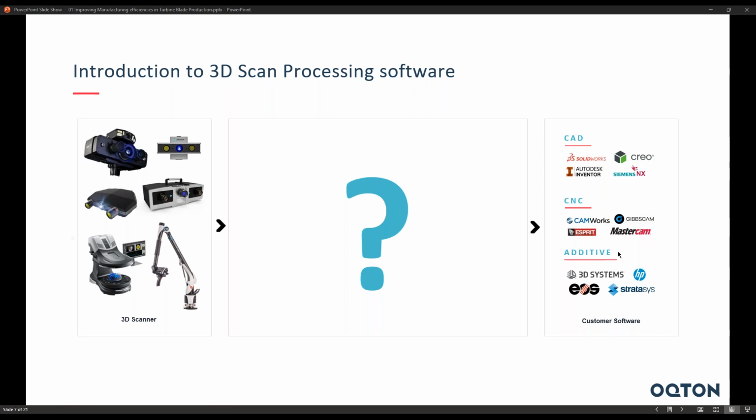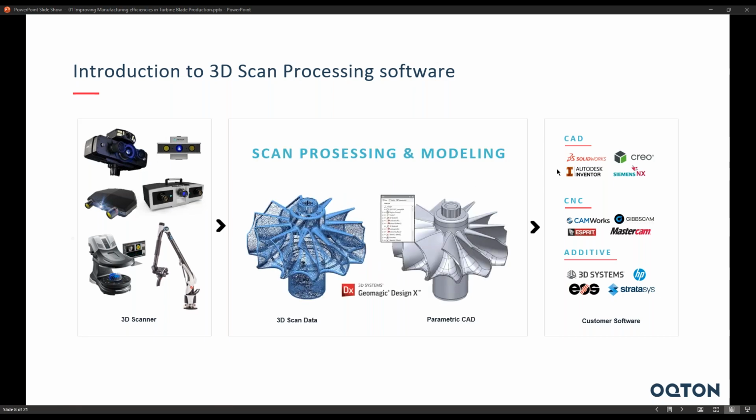But then some people in the future, obviously, additive is an option as well to be able to send things over. But these devices historically have captured this type of information pretty well. But there's always been kind of this missing piece in the middle of how do I get that information from these types of scanners over to the different CAD packages or CNC packages.